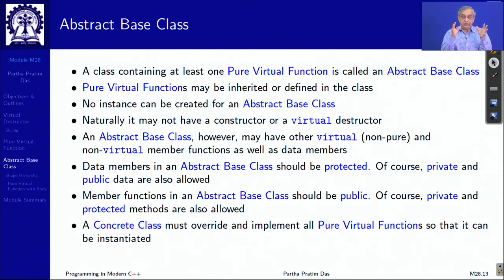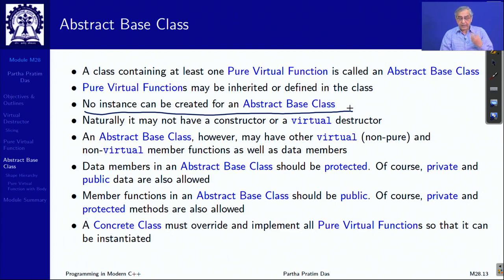The consequence of a pure virtual function is that if a class has a pure virtual function, you cannot instantiate any object. It is more like an interface. So, you cannot have an instance of such a class, which is therefore known as an abstract base class, in contrast to other classes where you can create instances, which we call concrete classes.